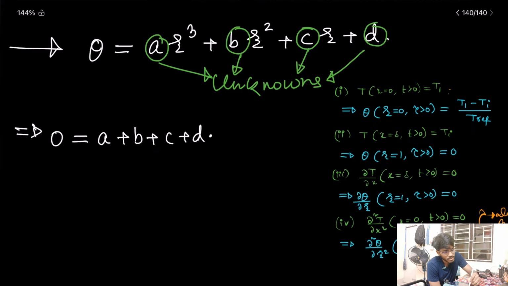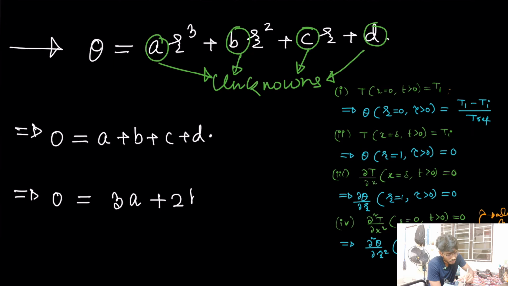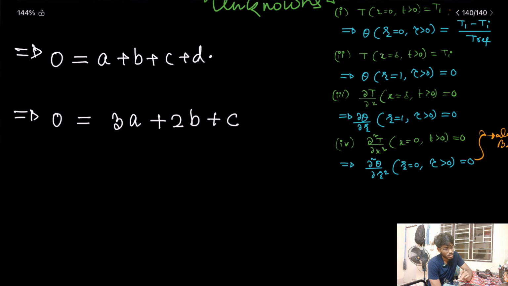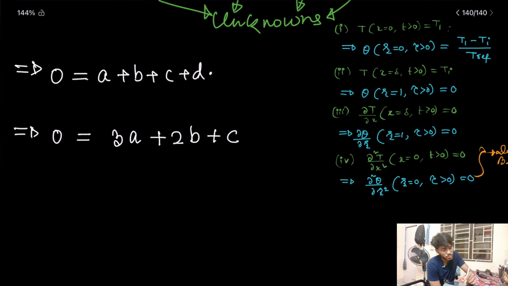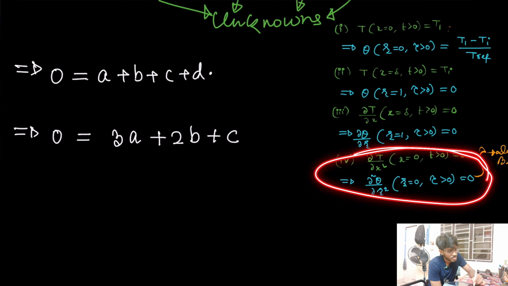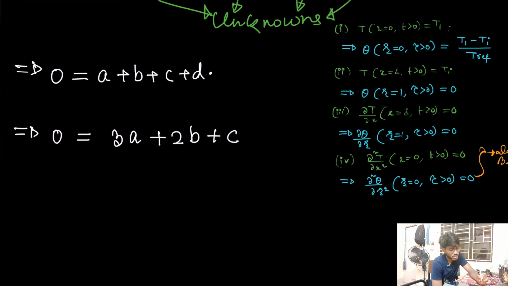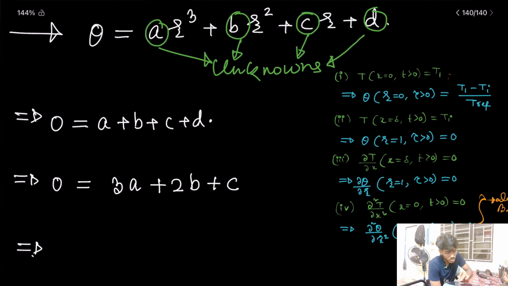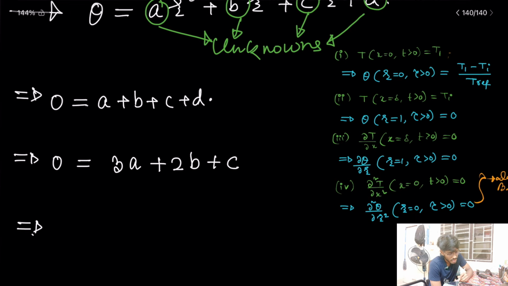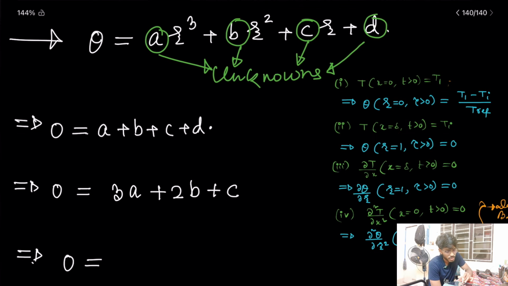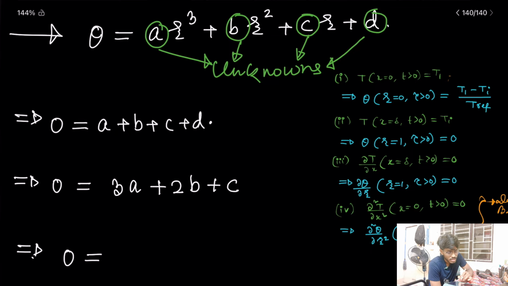If I differentiate the assumed profile, then I will get 0 equal to 3a plus 2b plus c. Then I will apply this one. Here, if I do the double differentiation at zeta equal to 0, zeta will remain.